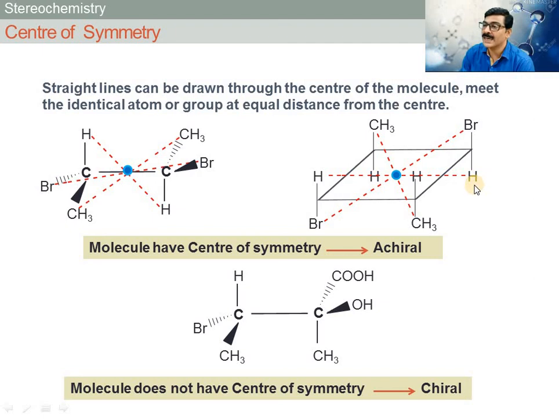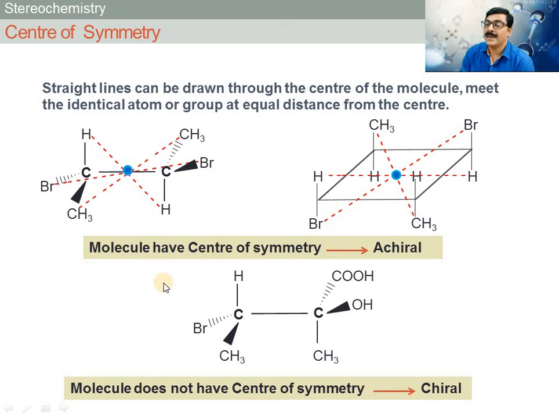Again on the fourth straight line, two identical hydrogens are obtained, and all these lines meet at the center. So such a molecule contains center of symmetry. And if the molecule has center of symmetry, then such a molecule is achiral. Means an achiral molecule has center of symmetry.